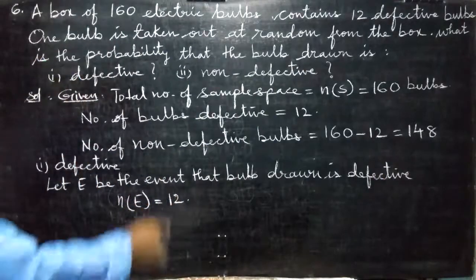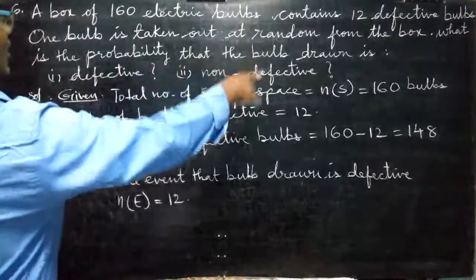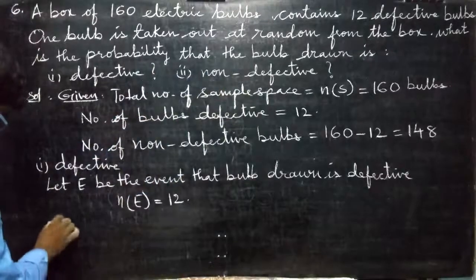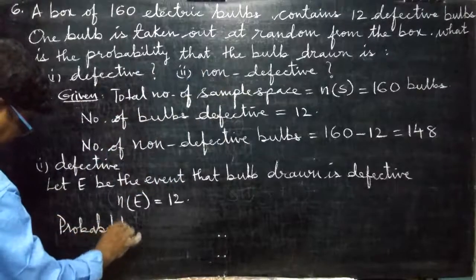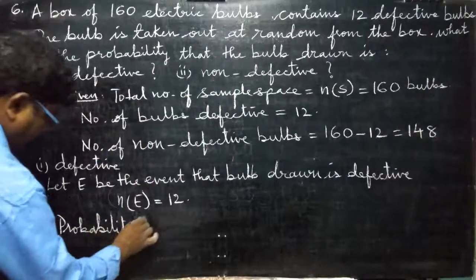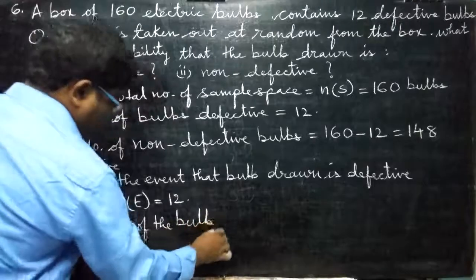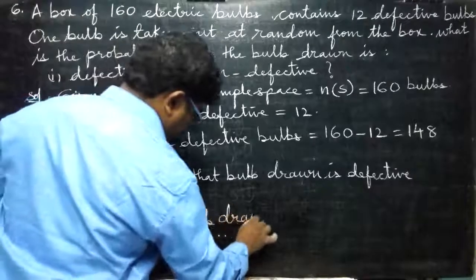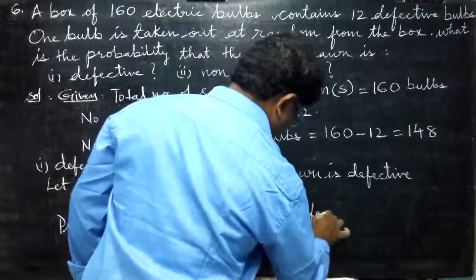Now they are asking to find the probability that the bulb drawn is defective.